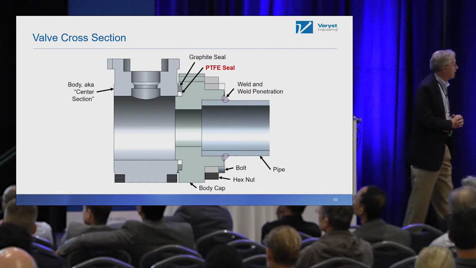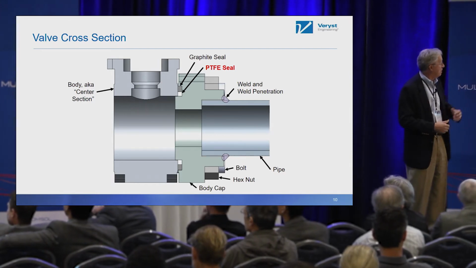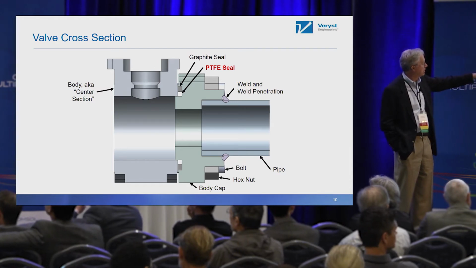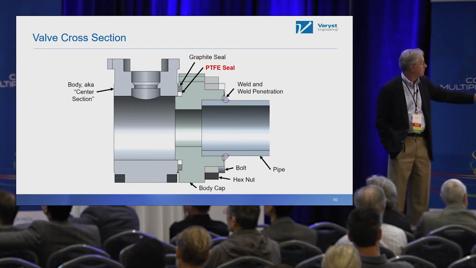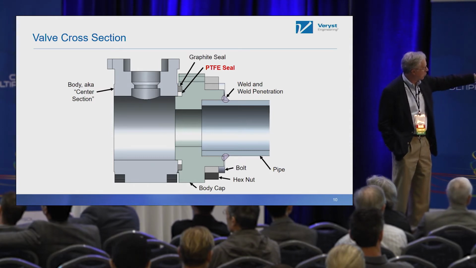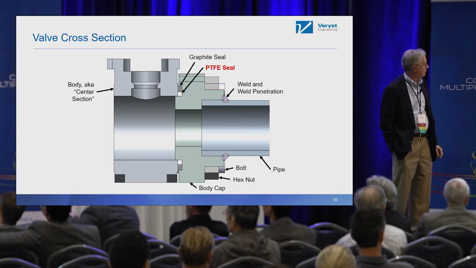This is a schematic cross-section of the valve. There's a center section and an end cap; the other side end cap is not included in this image. The pipe comes in, and then there's a weld bead between the pipe and the end cap to provide the connection, and then there are seals.